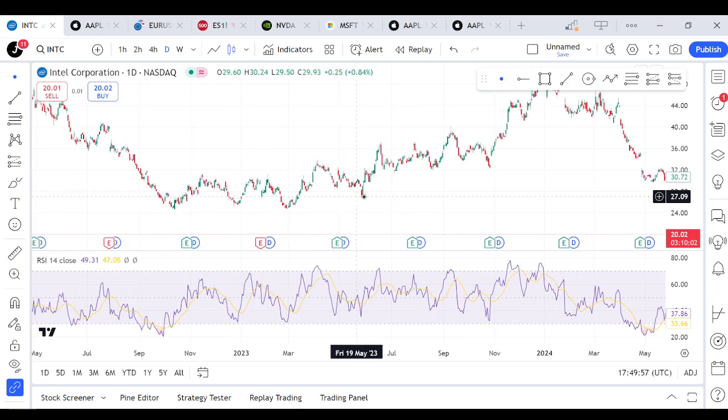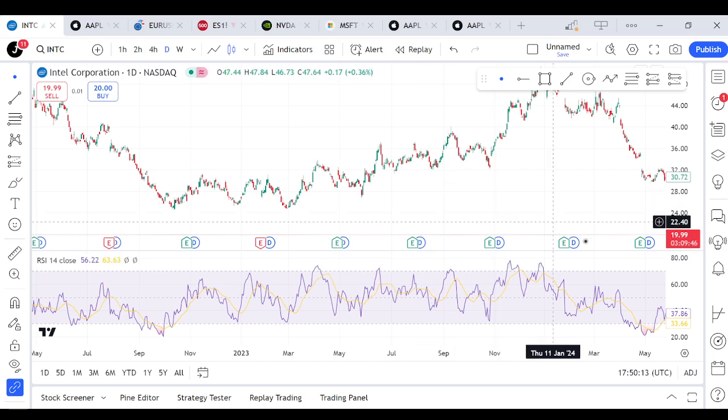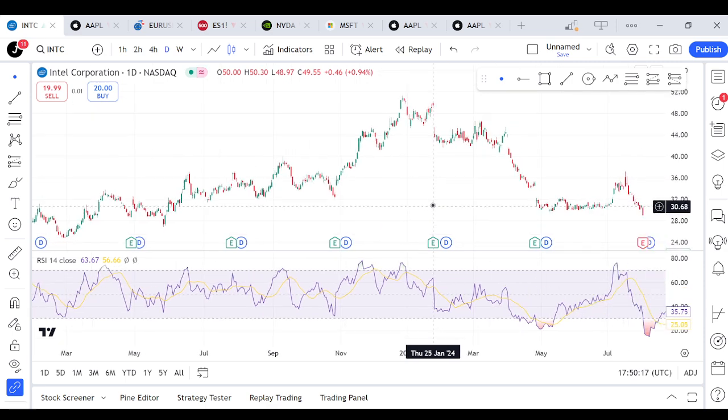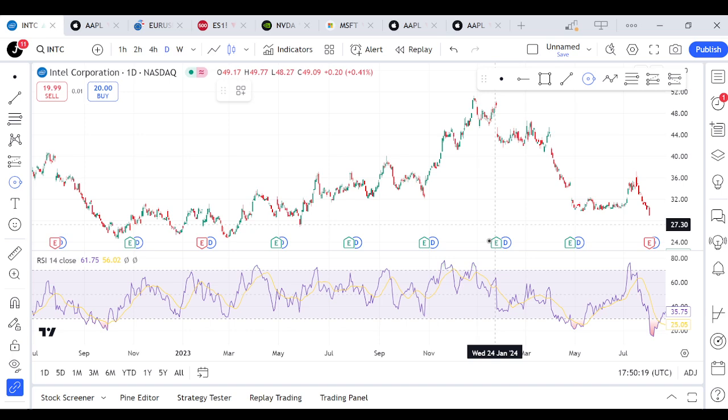So typically how they use the RSI is when the RSI value rises above 70, it generally indicates overbought conditions, and when the RSI value goes below 30, it suggests oversold conditions in the market. So as you can see, the RSI here is signifying overbought conditions. So we should be looking for selling opportunities in the market.